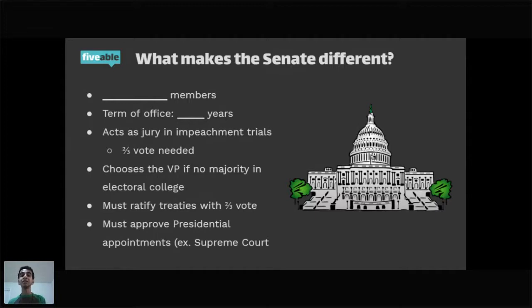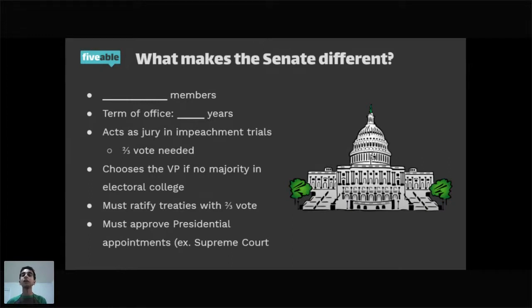So that's a major check and balance that Congress has over the executive branch: they have to approve presidential nominations. This is not only presidential nominations to the Supreme Court, but literally presidential nominations to anything. So for them to serve on a cabinet, like the Secretary of State, Secretary of Energy, Secretary of Housing and Urban Development, all of these have to be approved by the Senate with that 2/3 vote.